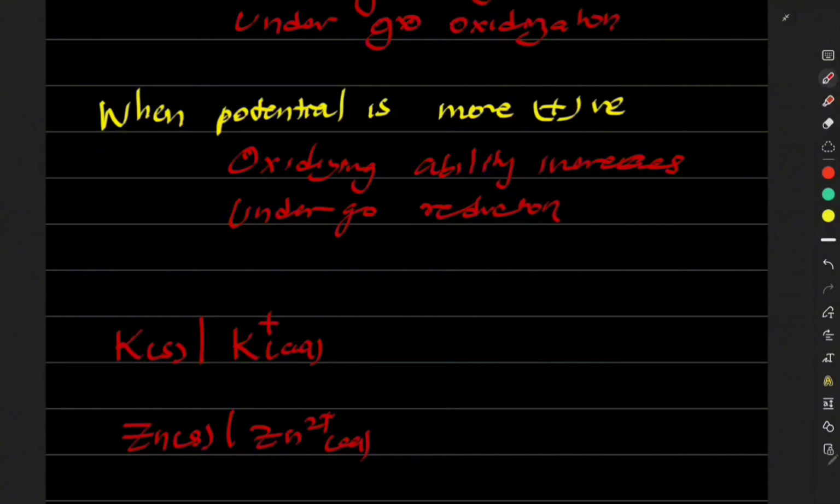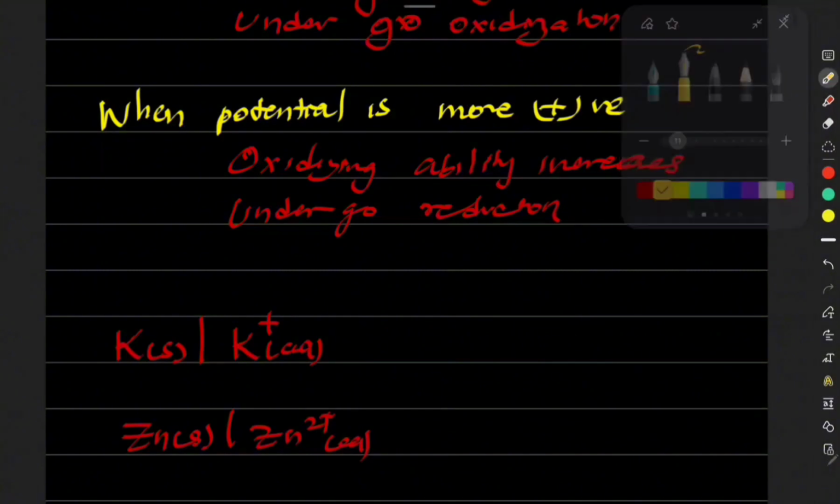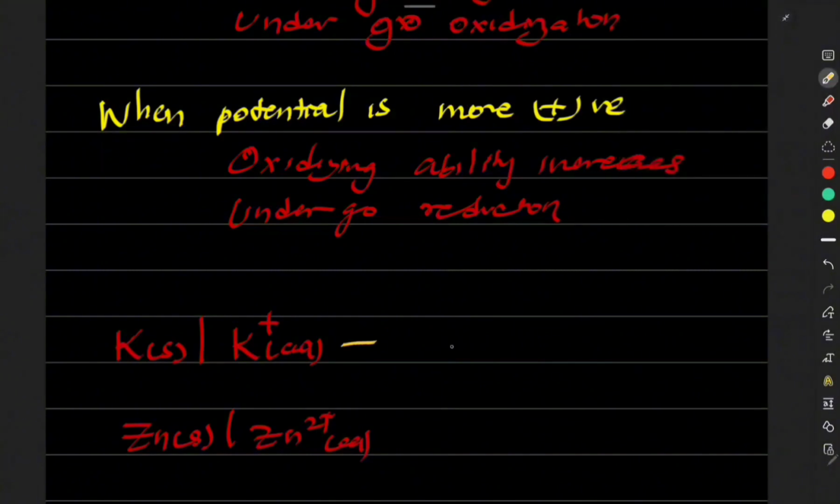The reduction potential of potassium is minus 2.93 volts and zinc's reduction potential is minus 0.73 volts.